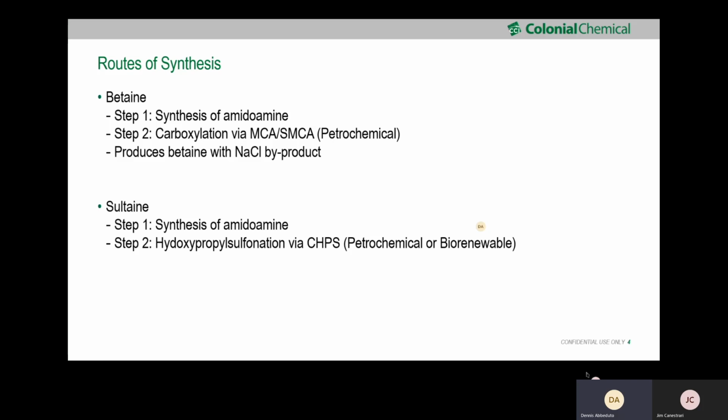The majority of manufacturers using the intermediate are using the petrochemical right now, but we're starting to see some movement towards the biorenewable feedstock, and we certainly are trying to incorporate that ourselves. This reaction product gives the Sultaine with the same sodium chloride byproduct as we got via the monochloroacetic acid.